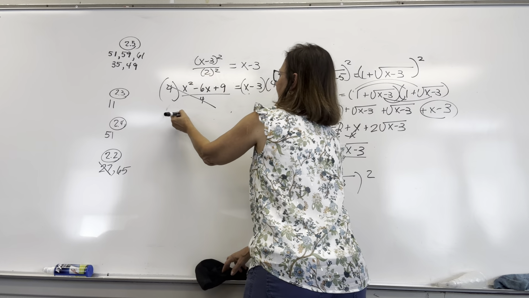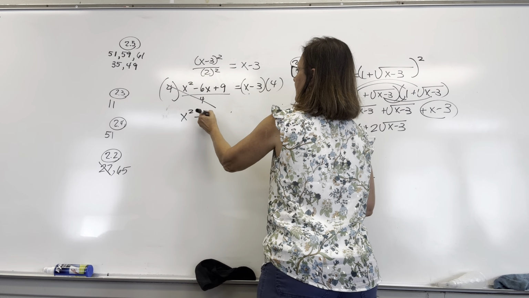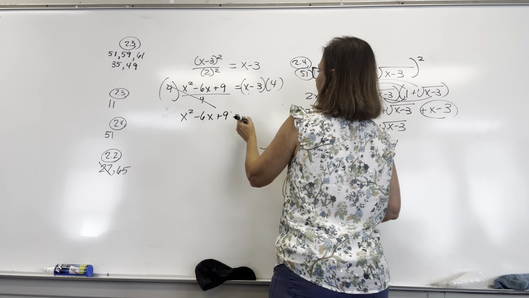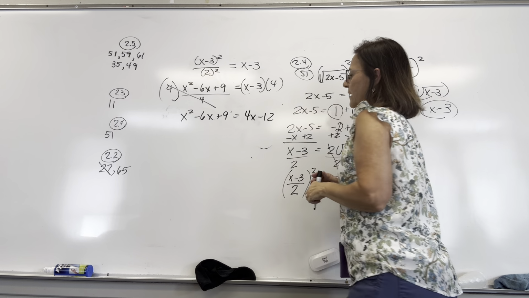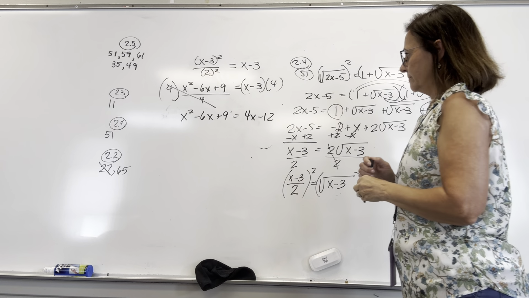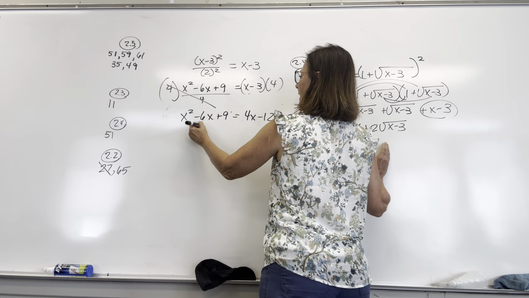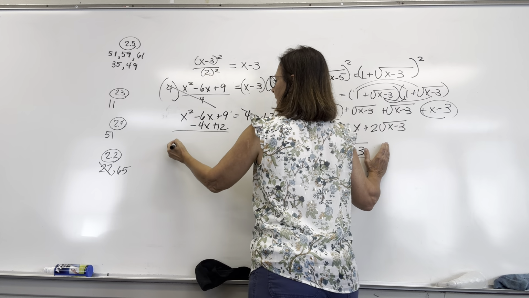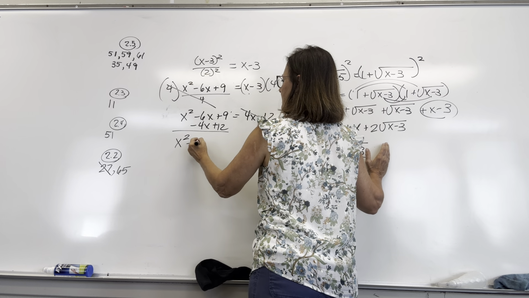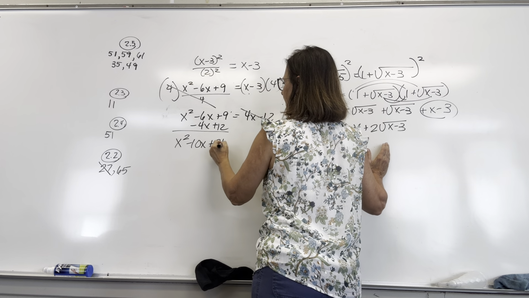So it's x squared minus 6x plus 9 equals 4x minus 12. Now I would set it equal to 0. So I'm going to subtract 4x and add 12. So that I have x squared minus 10x plus 21.